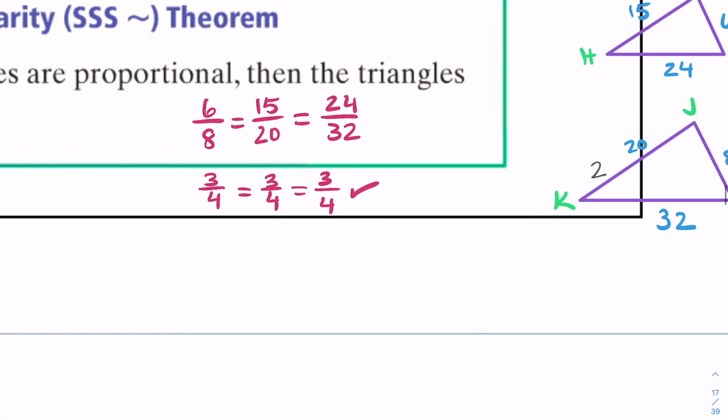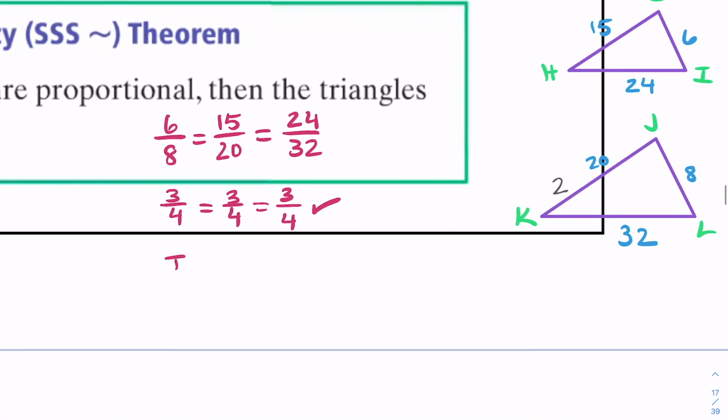So what we did was we proved that GH is to JK as HI is to KL, and that IG is to LJ, and we proved that they were all proportional.